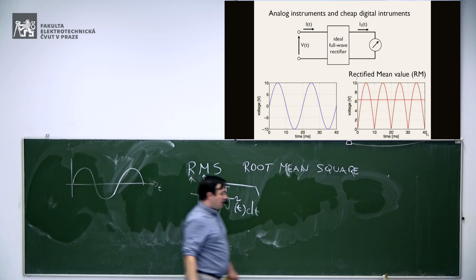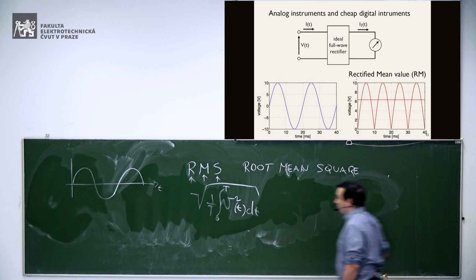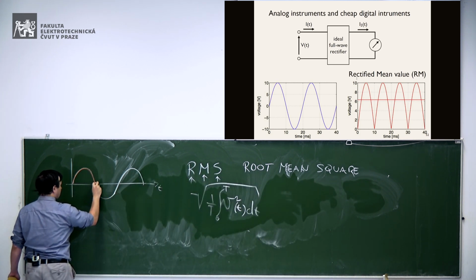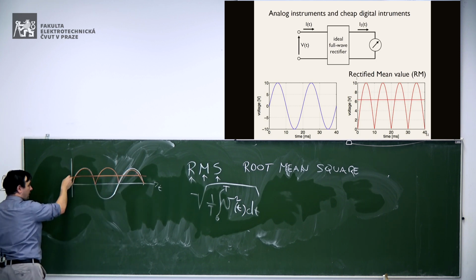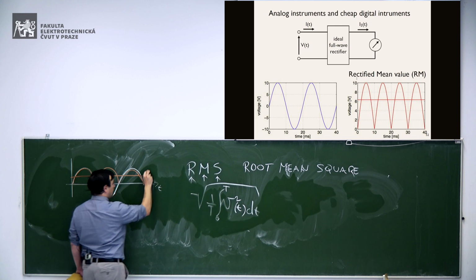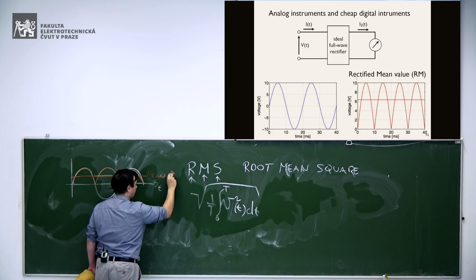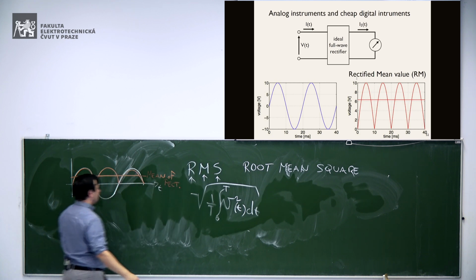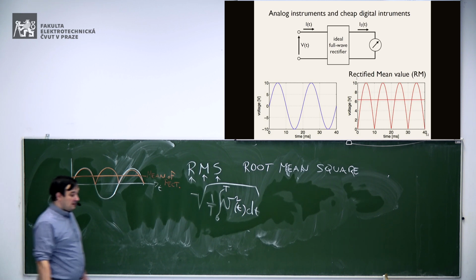Then you apply a rectifier, and the rectifier gives you this. Okay? Then you get the mean of the rectified voltage, and that is not the RMS value, right?